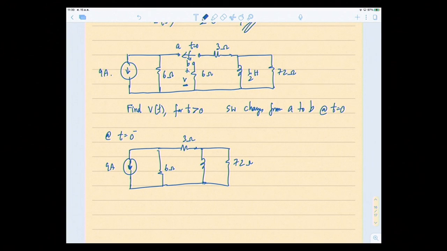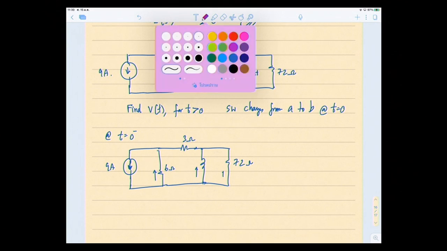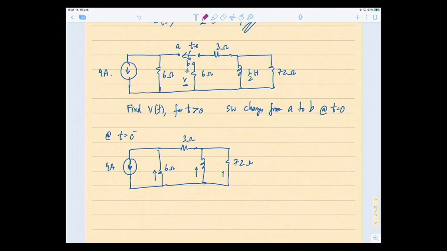The 9 amp source has been feeding the circuit for a long time, DC values, so there's no current change in the inductor anymore. As time goes by, there's a constant value of current going through the inductor, so the inductor behaves like a short circuit.